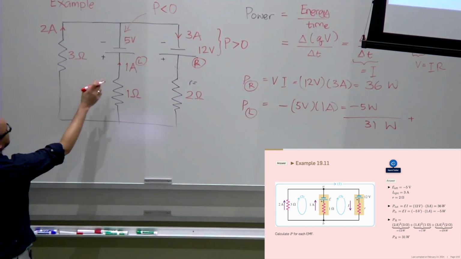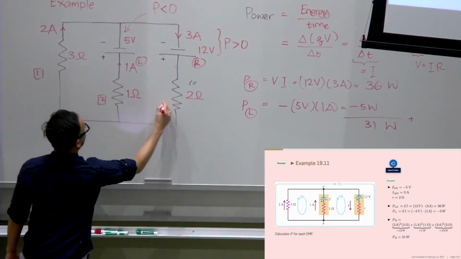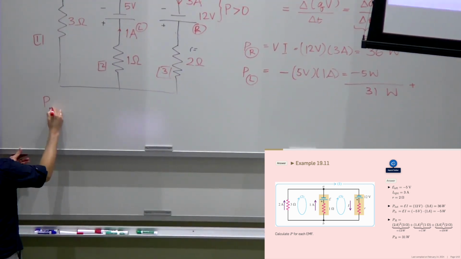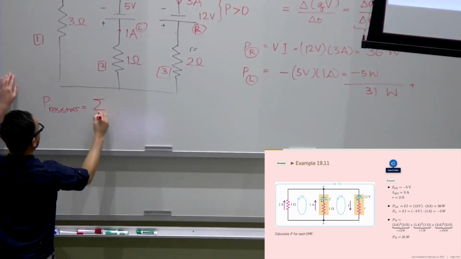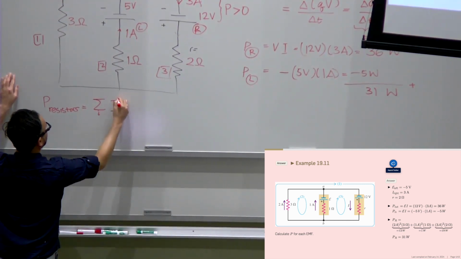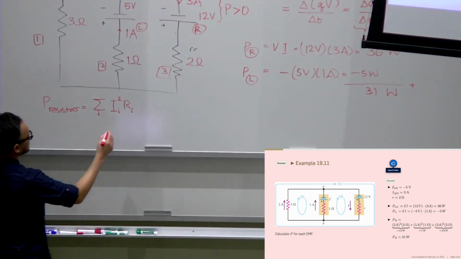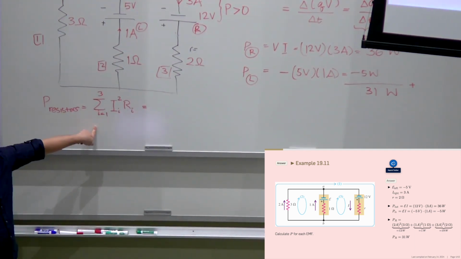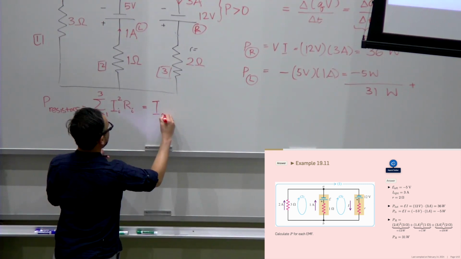So let's call this, instead of left and right, 1, 2, 3. So P of all resistors is equal to the sum of I square times R, and we start from left to right. You guys know what this means, right? It means the sum. So let me just be explicit.